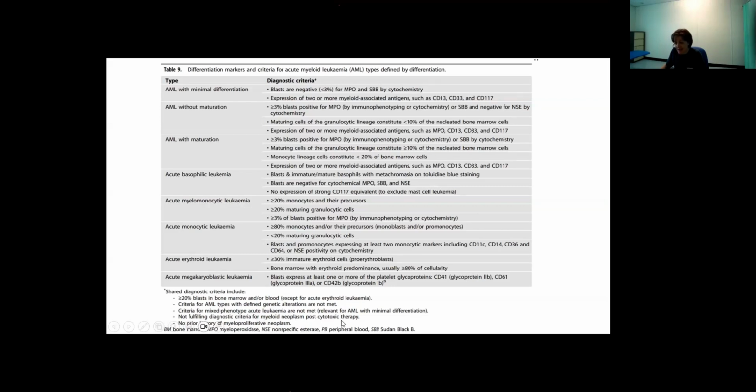You haven't previously had cytotoxic chemotherapy, and you've got no prior history of either myelodysplasia or myeloproliferative neoplasm, then you would use this classification to try and discern which type of AML it is.